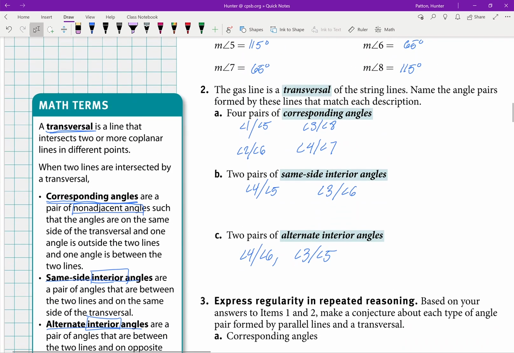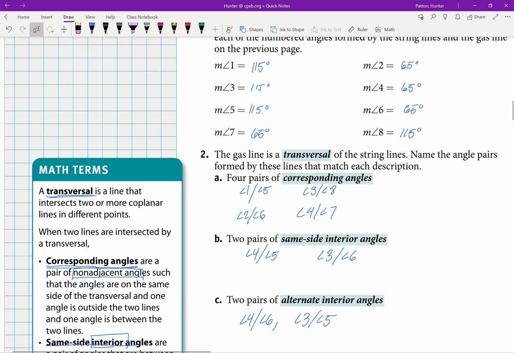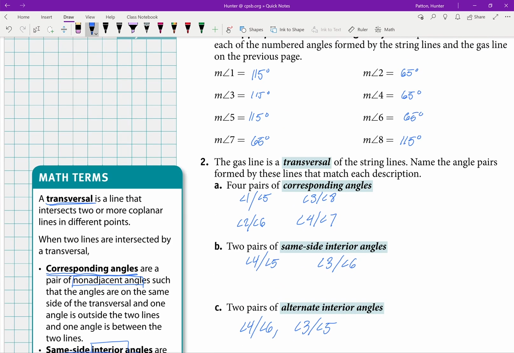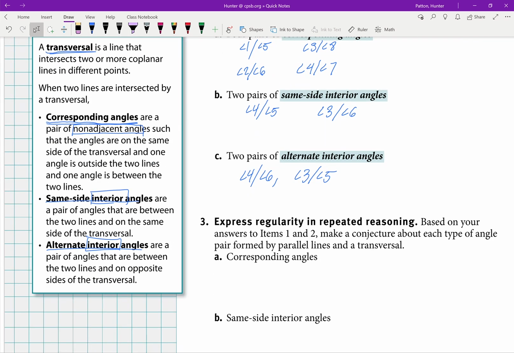So if I look at part A, 1 and 5 are both 115. Let's check 3 and 8. 3 and 8 are also 115. 2 and 6 are both 65, and 4 and 7 are also both 65. So they have the same measure, it seems, that corresponding angles might have the same measure.